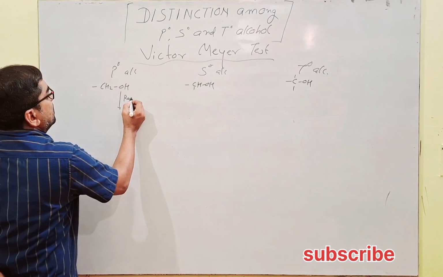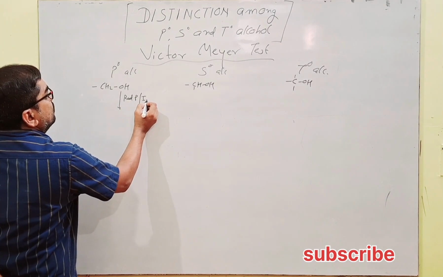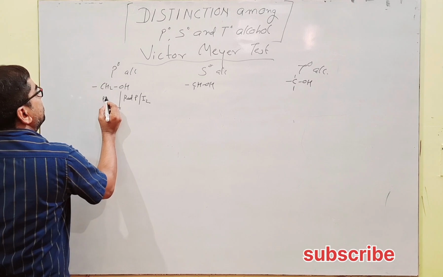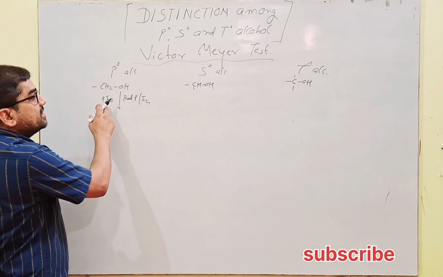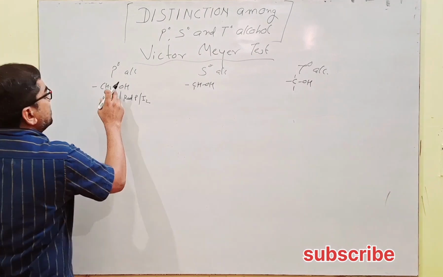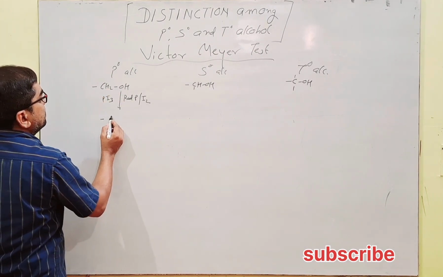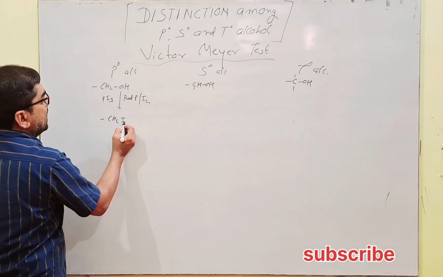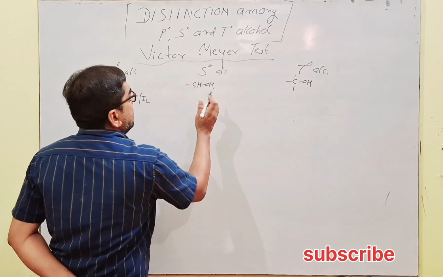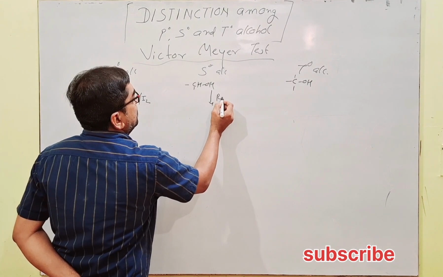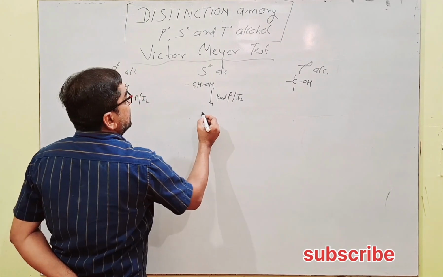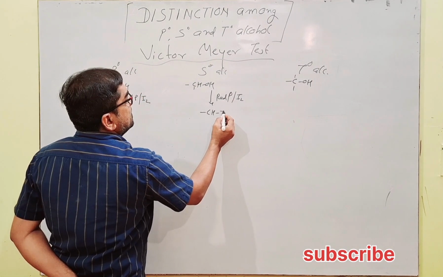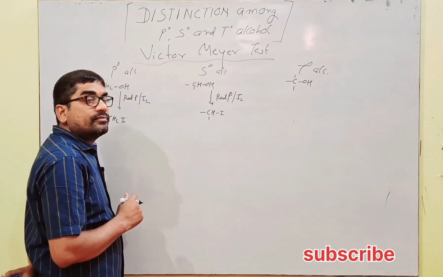Now red phosphorus with I2 is added, that results in phosphorus triiodide. Phosphorus triiodide is obtained. Now this PI3 reacts with primary alcohol and results in CH2I. The secondary reacts with red phosphorus and I2 and gives CHI.